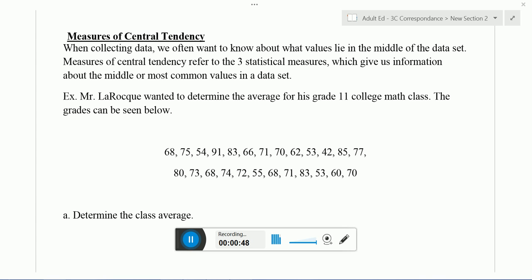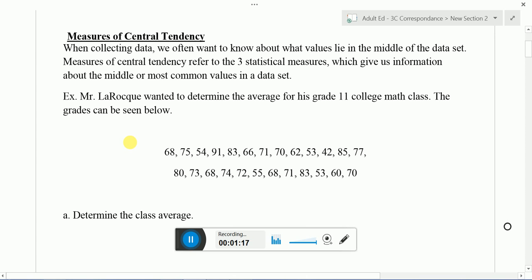Those two ways are measures of central tendency, which we're going to start with, and later on we're going to talk about what we call measures of spread. When we collect data, we usually want to know what values lie in the middle of the data set. The ways that we look at what values lie in the middle, we call the measures of central tendency.